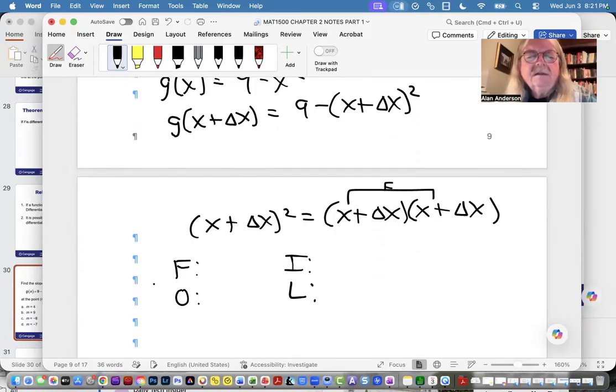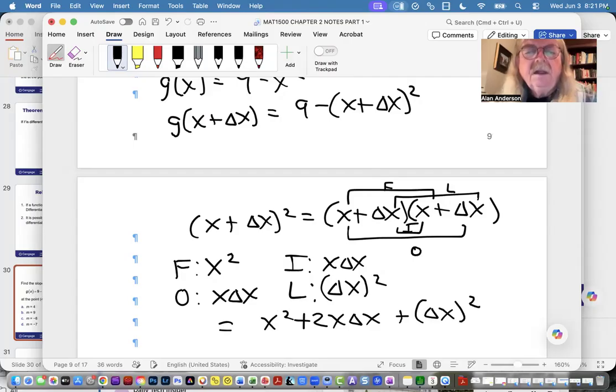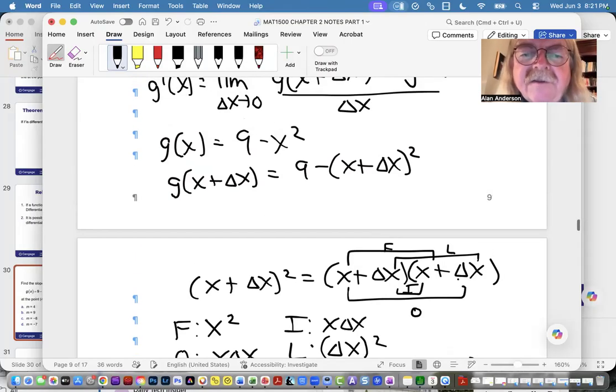F, O, I. Last is over here, L. And now, of course, remember, I'm subtracting that from 9.